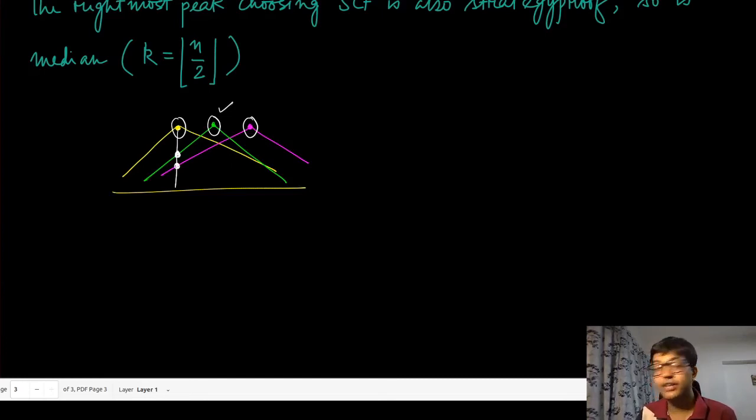But can you actually change the outcome by manipulating your preferences, and will that be beneficial for you? The answer is no. Let us look at this green player, who is trying to change the outcome.